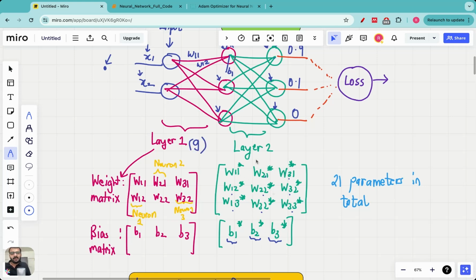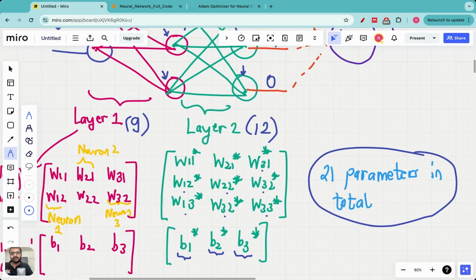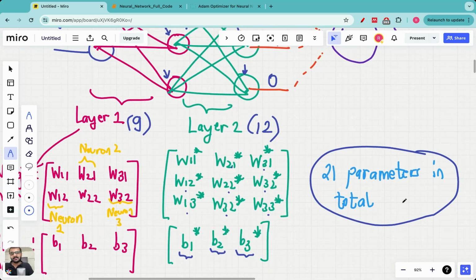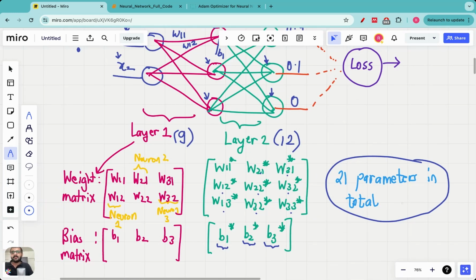In the second layer, we have 9 plus 3, so there are 12 parameters. If you add them, we see that our neural network architecture has 21 parameters in total, whose value we do not know and whose value needs to be optimized.